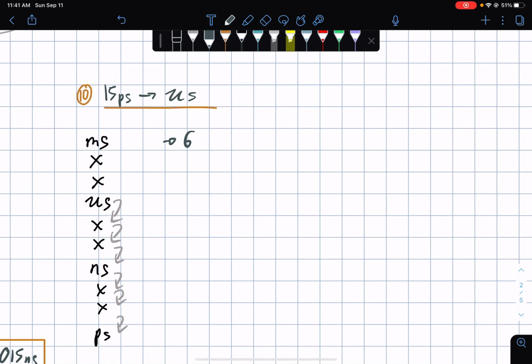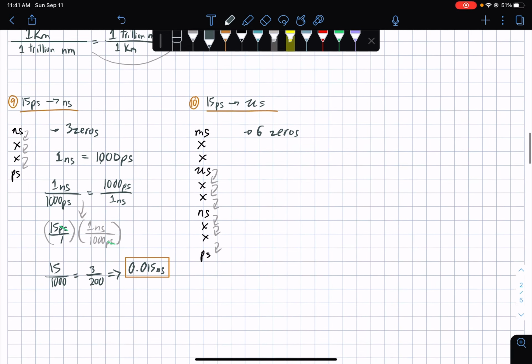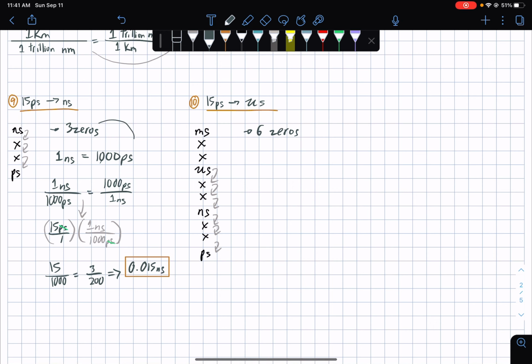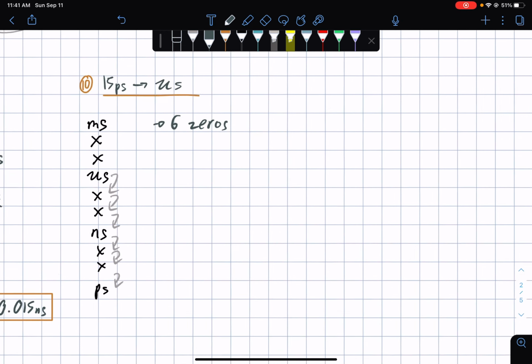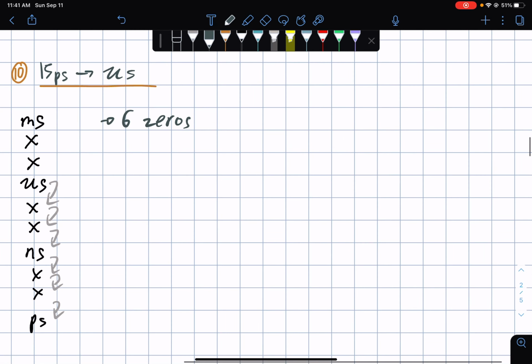We have 6 zeros. This time, by the way, we'll be starting to do the shortcut. We don't have to do this tedious long process anymore. I'll teach it to you now. There's something that you have to know, which is universal, regardless of what SI unit you are basing your computation on.